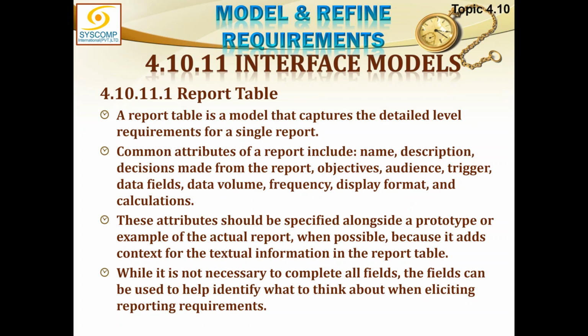These attributes should be specified alongside a prototype or example of the actual report when possible because it adds context for the textual information in the report table. So when you are giving somebody this report table, you must provide all the attributes duly described as well as a completely filled report, for example.